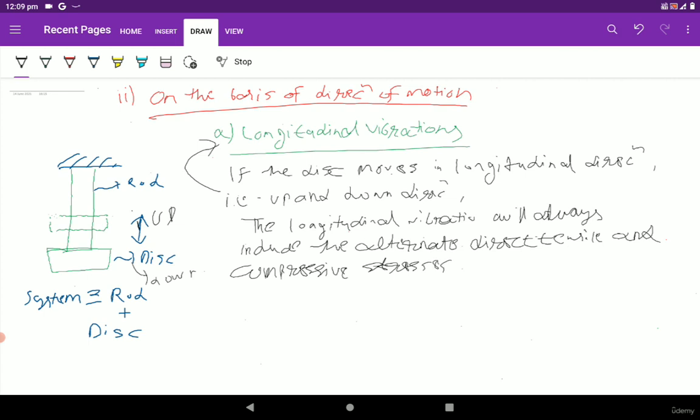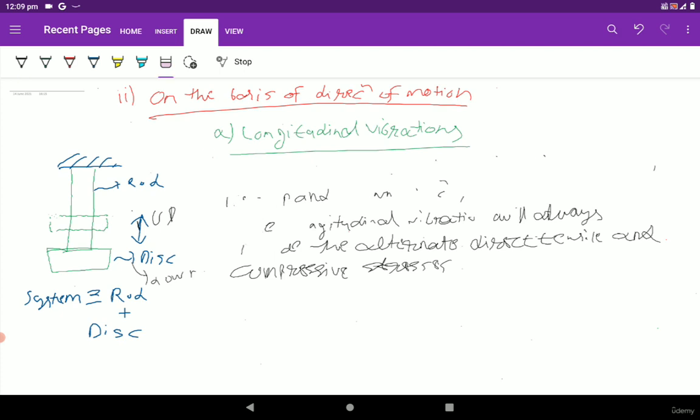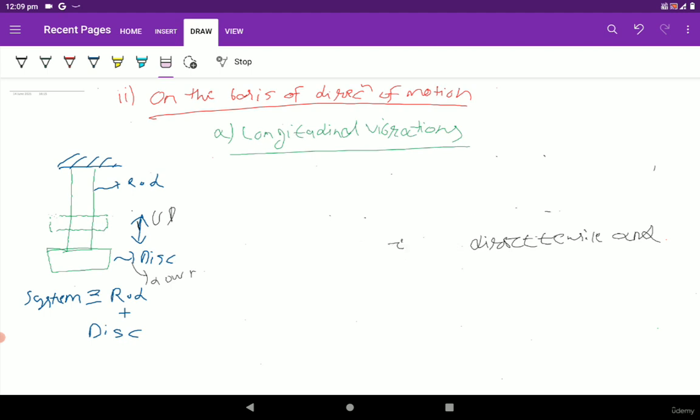We can visualize this whole thing with the help of this diagram here.